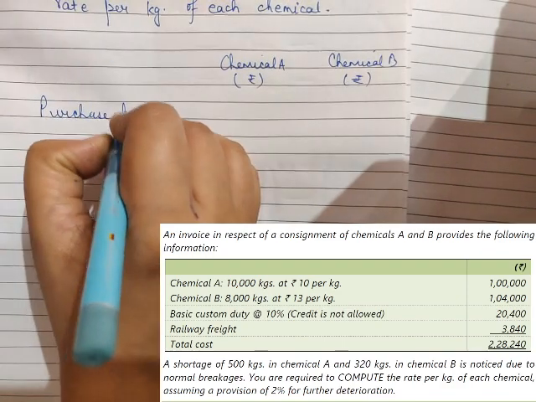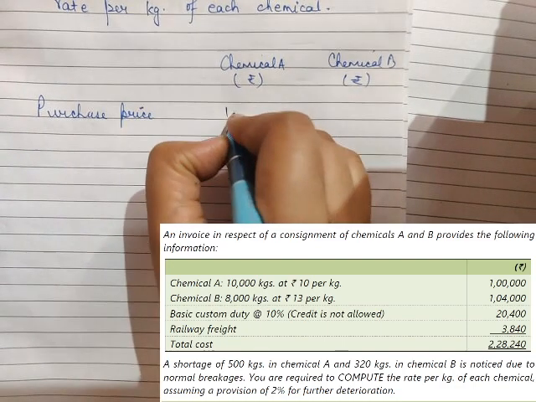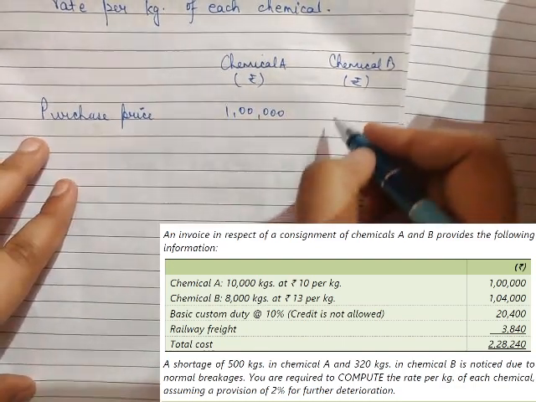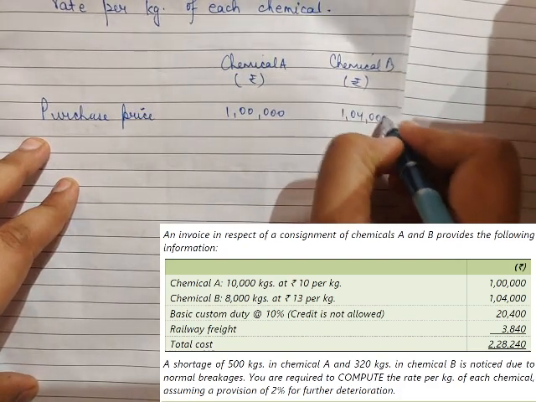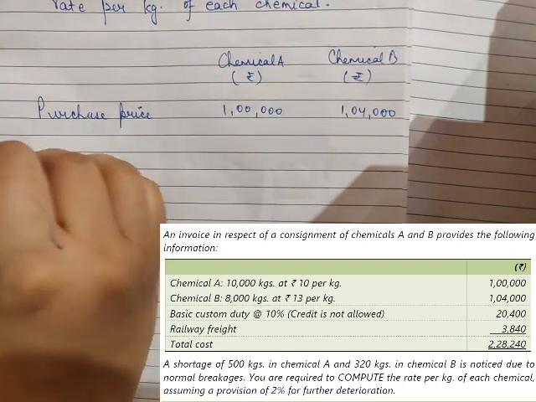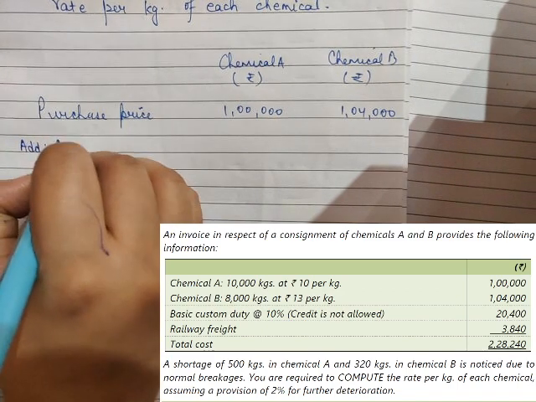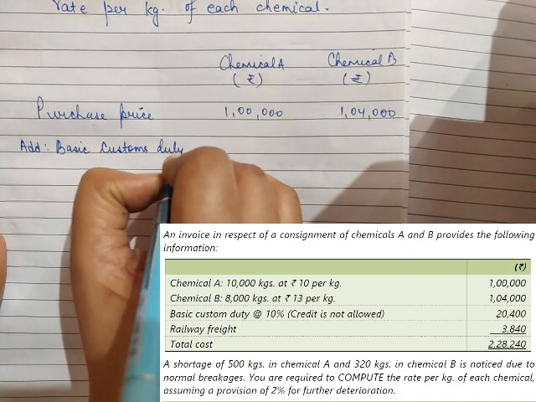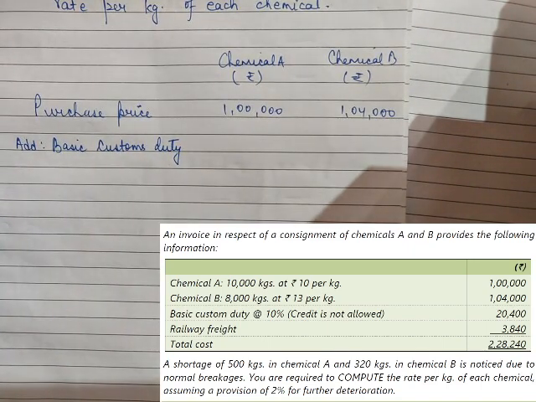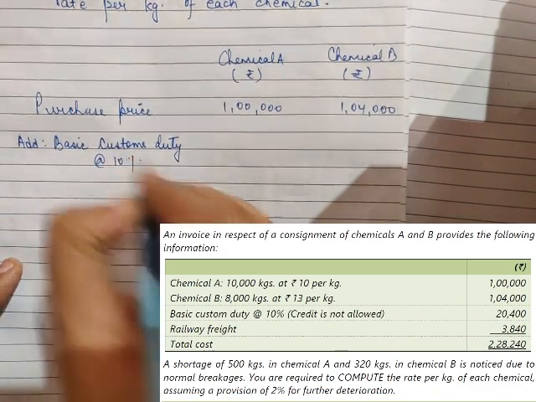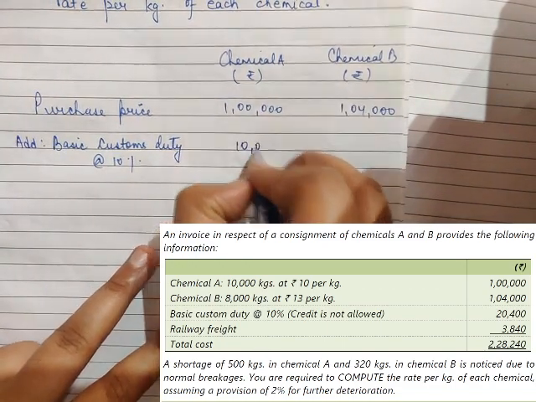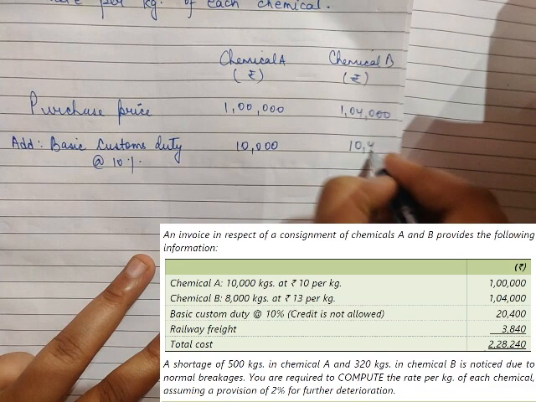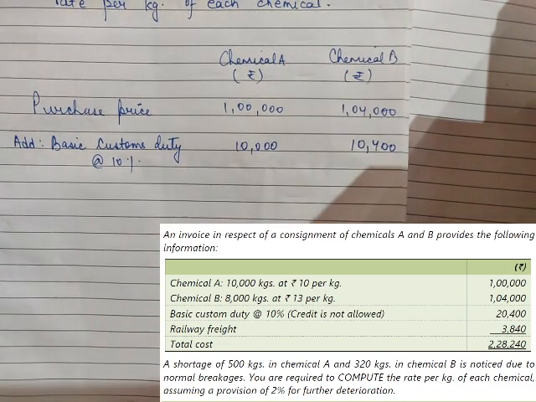The purchase price is given in the question itself, which is 1 lakh for chemical A and 1,04,000 for chemical B. Next, we have a basic customs duty. We have seen in our last video that since this is a direct expense, we are going to include it in the purchase price. So basic customs duty at the rate of 10% is 10,000 for chemical A and 10,400 for chemical B.